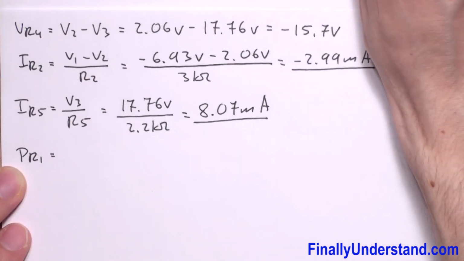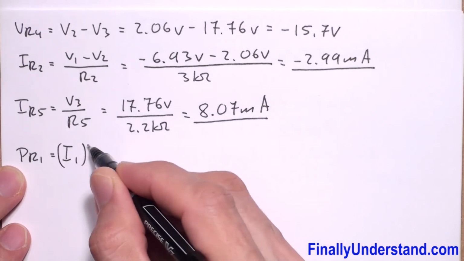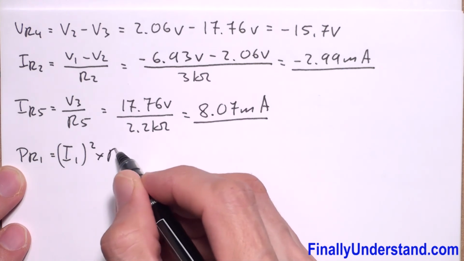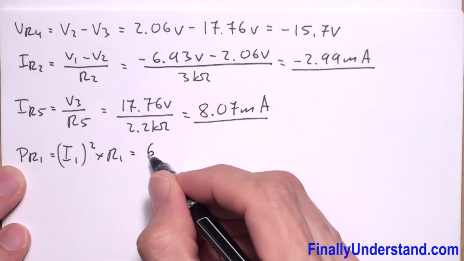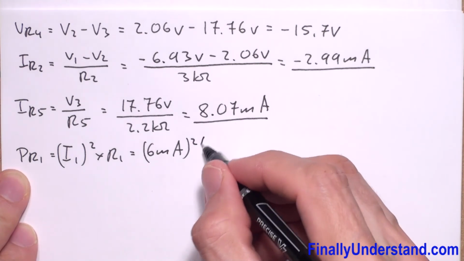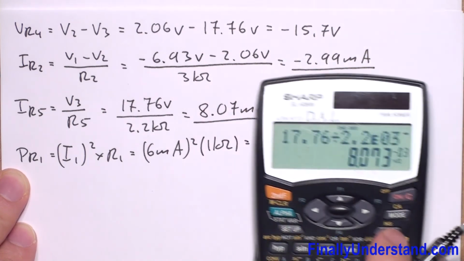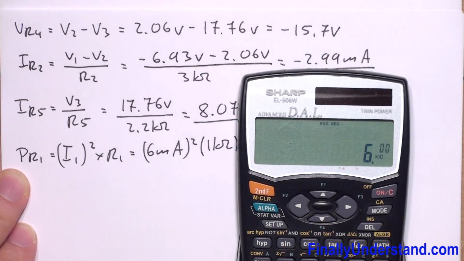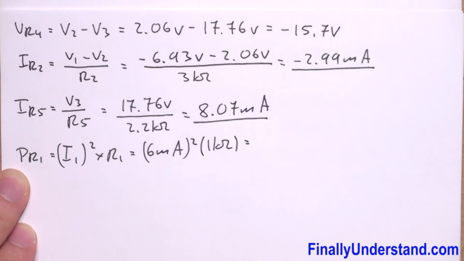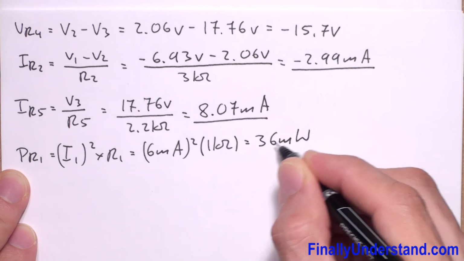That's why I'm going to use the formula I1 squared times R1. This is 6 milliamps raised to the second power times R1, 1 kilohm. This is equal to 36 milliwatts.